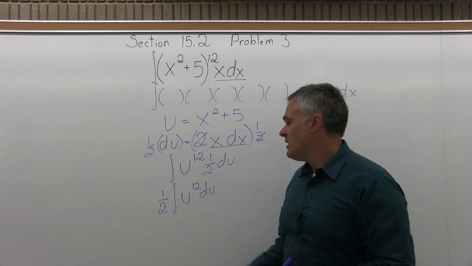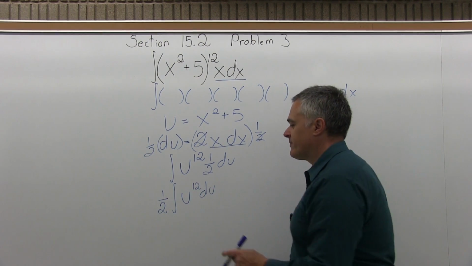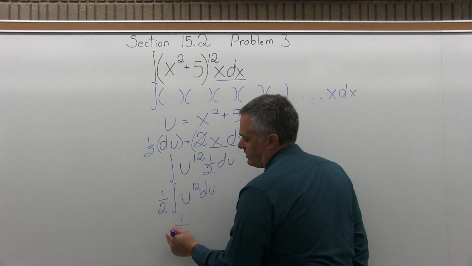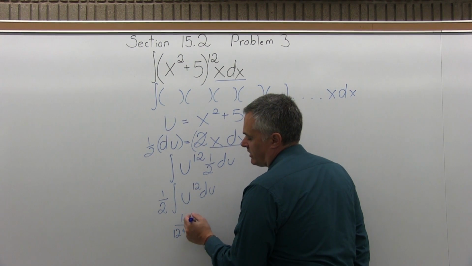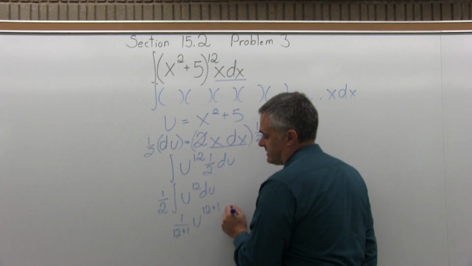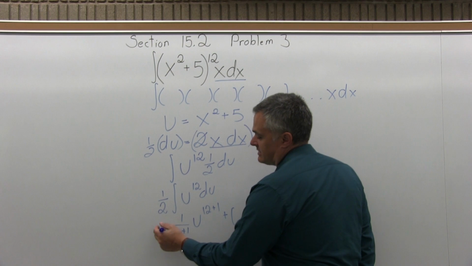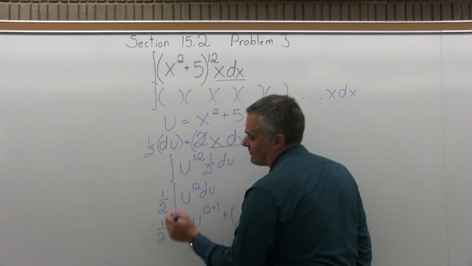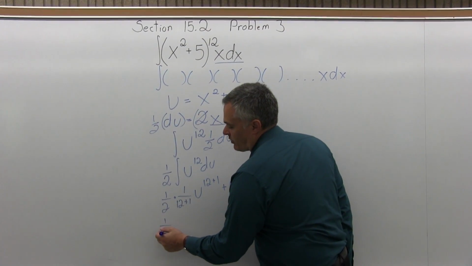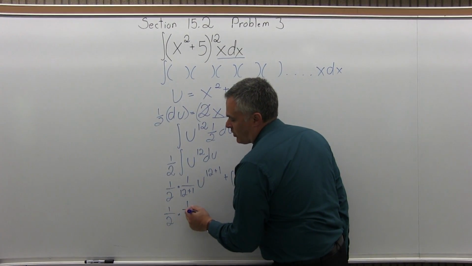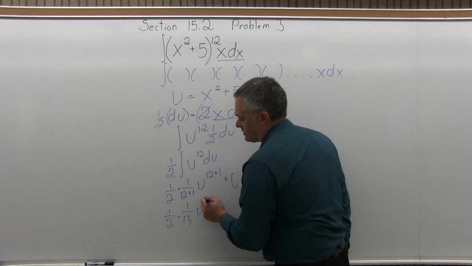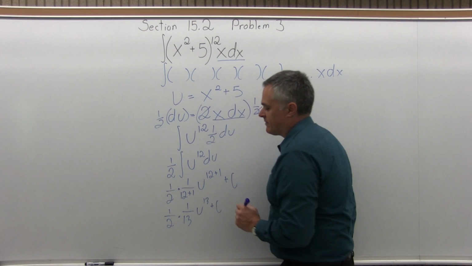It's a big exponent, but you have the number in front, which is 1, over the old exponent plus 1, so 12 plus 1, u to the 12 plus 1, plus a constant. Don't forget there's a 1/2 in front of that whole thing. So I'll have my 1/2 times 1 over 13, u to the 13th, plus a constant.